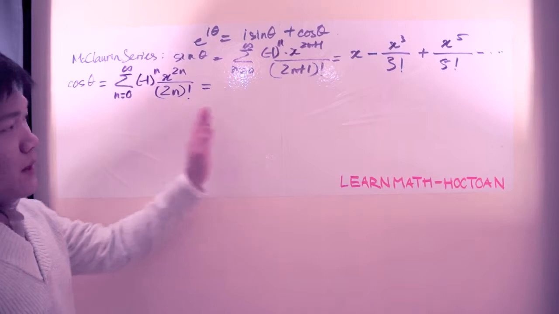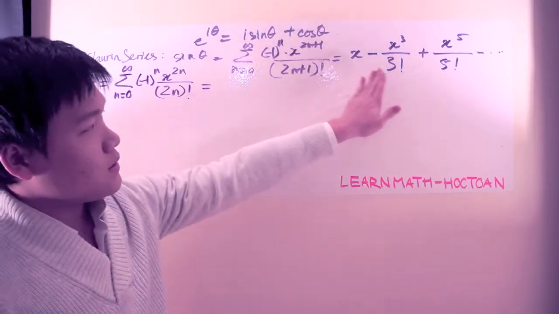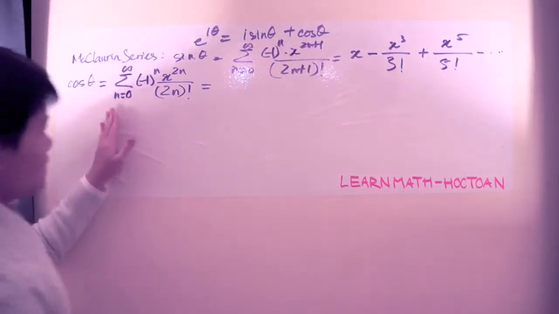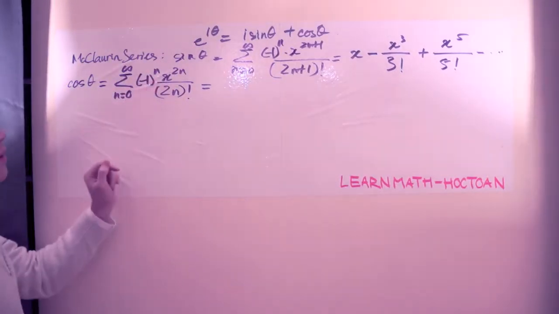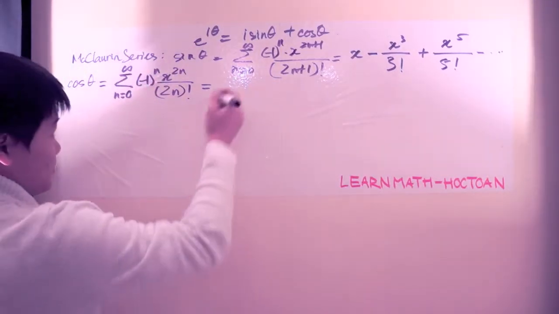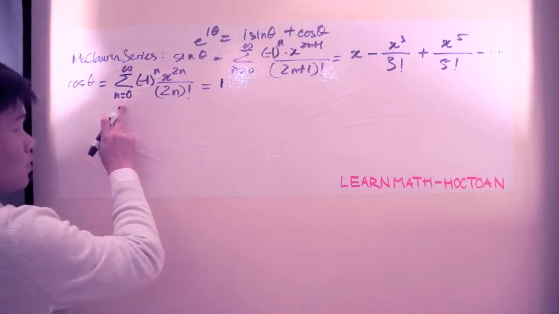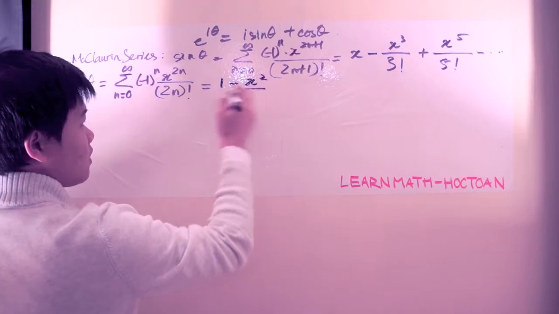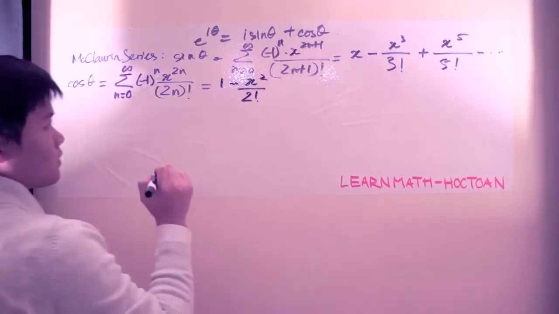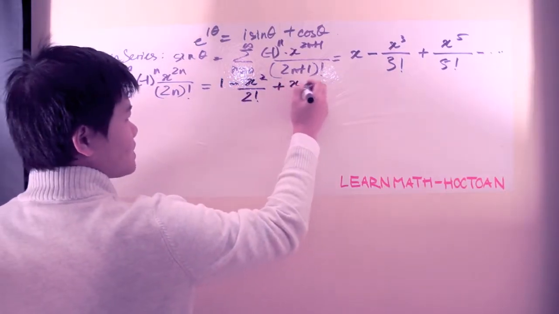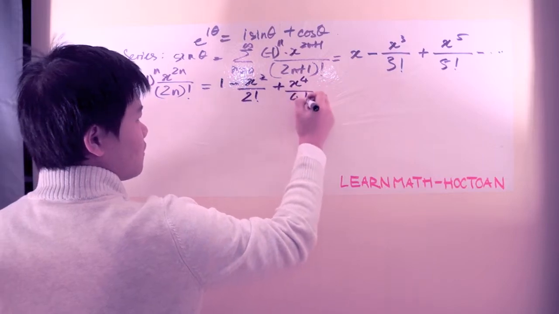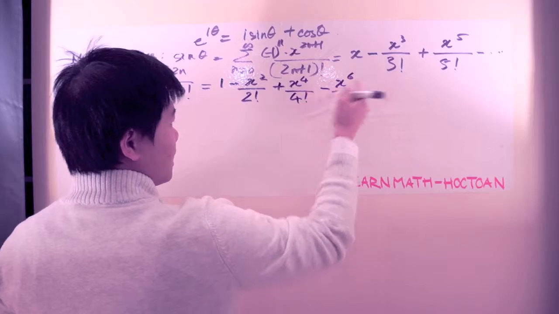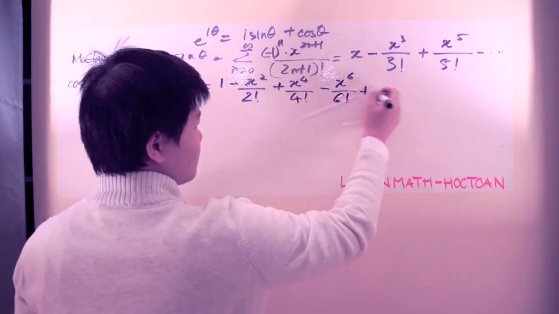You expand that, just like this one, for n equal to 0, 1, and 2. For n equal to 0, that will be 1. For n equal to 1, that's minus x squared over 2 factorial, plus x to the 4th over 4 factorial, and you go on and on, minus x to the 6th over 6 factorial.